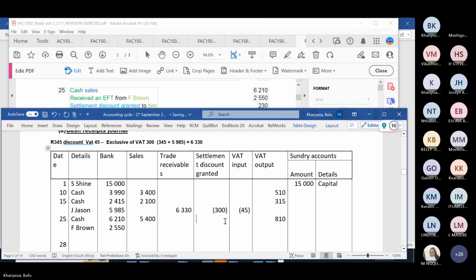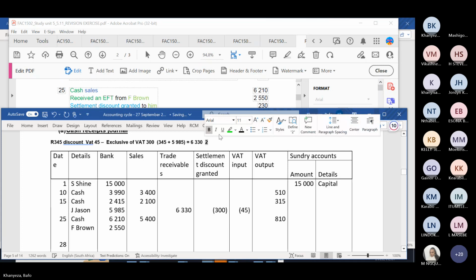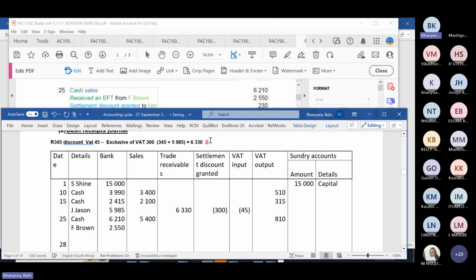Increment discount. So this discount will have to be split. I'm doing it here on top so that you can see, we've been doing this for quite a while, the split. This 230 is made out of 30 VAT.